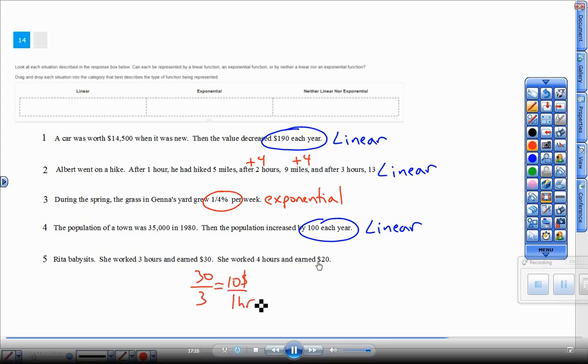And then when I divide 20 by 4, I get $5 per hour. Since those are not the same rate, this one is a neither problem. Not the same rate, neither. So for this, 1, 2, and 4 are linear.